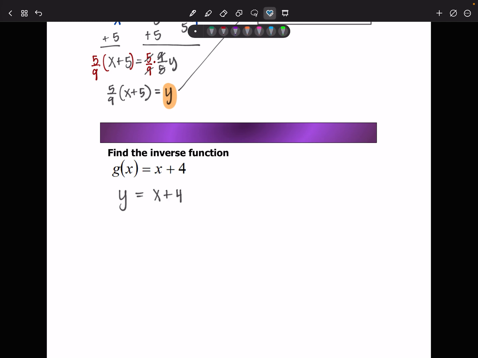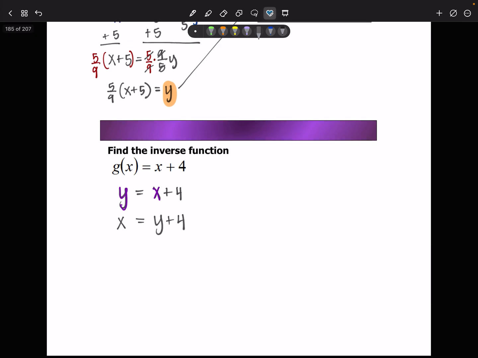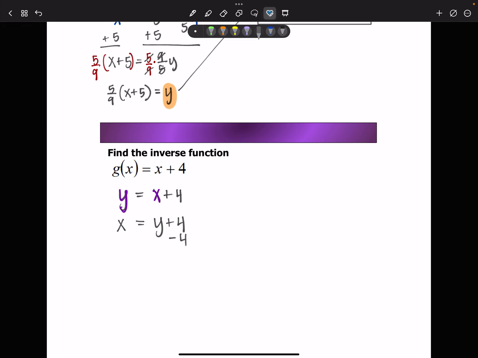Then we're going to interchange x and y. So instead of y equals x plus 4, we'll have x equals y plus 4. Then we're going to solve for y by subtracting 4 from both sides. And I've got x minus 4 equals y, which is the same thing as y equals x minus 4.